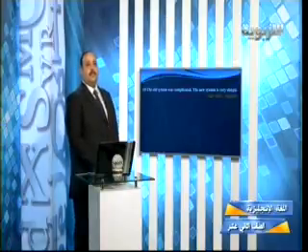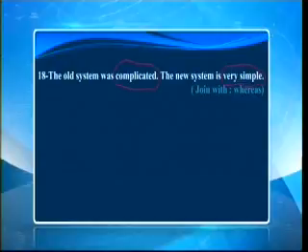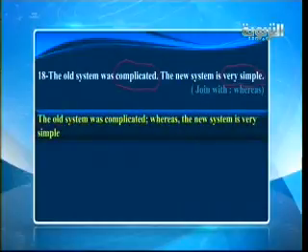We have two contrast words. We have complicated, which means very difficult and has a lot of details, and we have very simple. Complicated and simple, they are opposites. So let's see how I can join the two sentences by using the word whereas. Very good. The old system was complicated, whereas the new system is very simple.